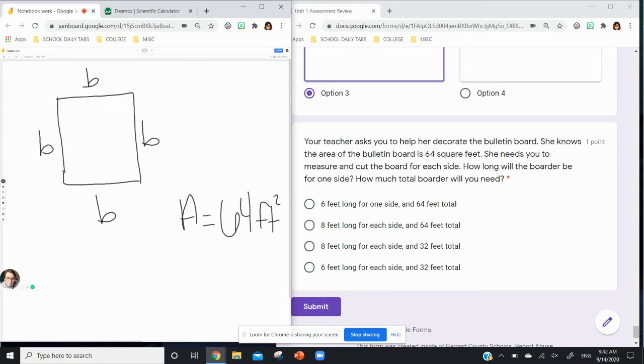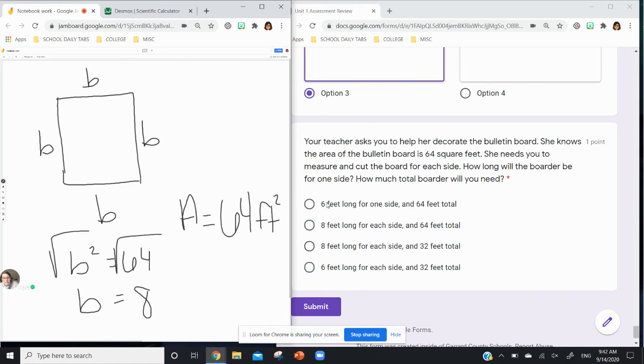So I know that B squared is 64. That's what it told me the area was. Well, to find B, I need to do the opposite of squaring, and the opposite of squaring is finding the square root. So B would equal the square root of 64, and if you know your perfect squares, B should be 8.